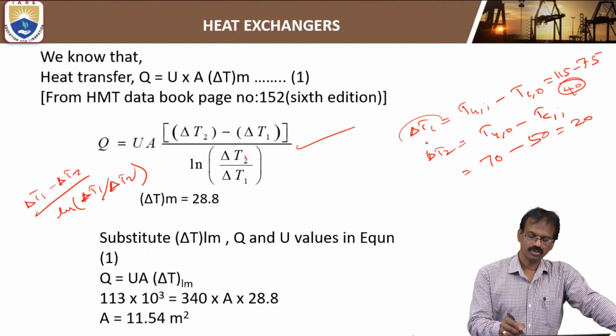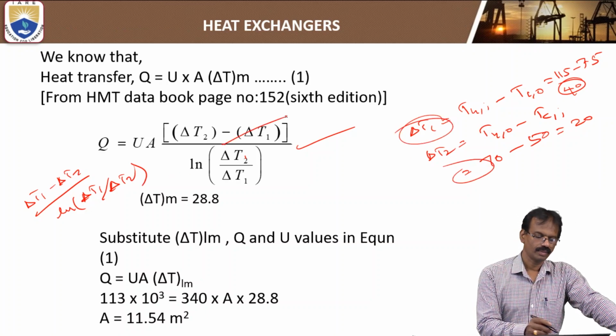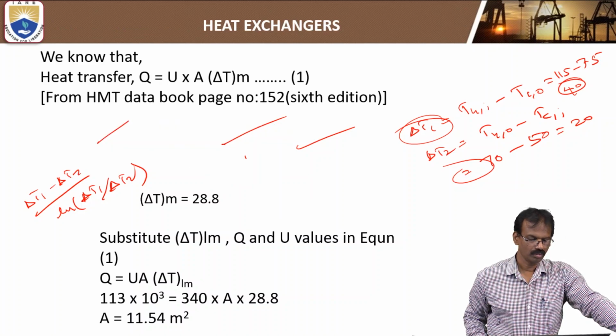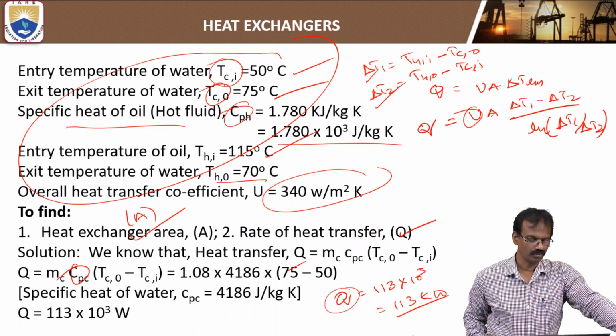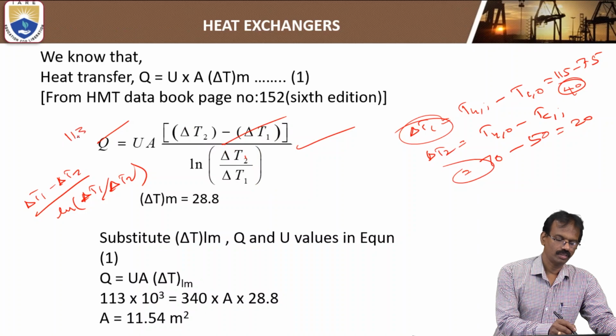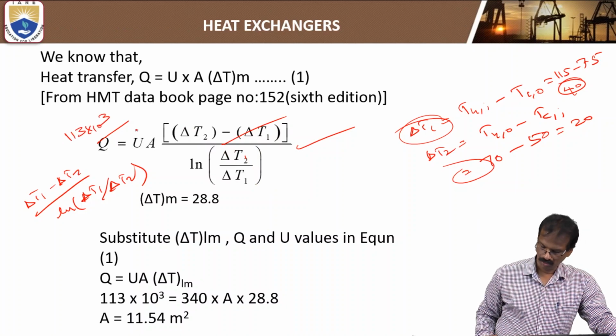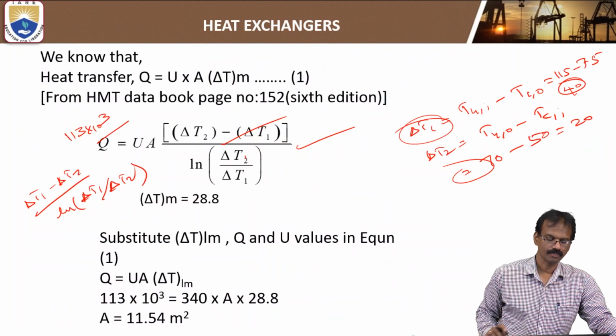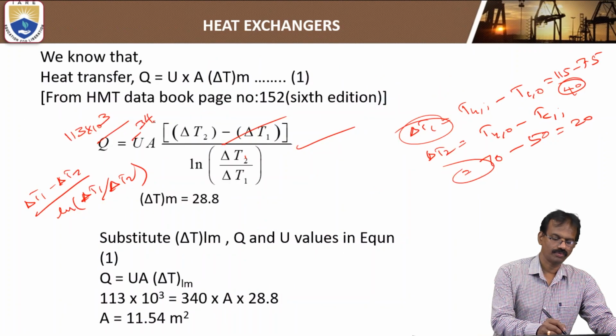If you substitute these values here, and you know the value of Q, so the Q value is equal to 113 into 10 cube. And the overall heat transfer coefficient is 340.